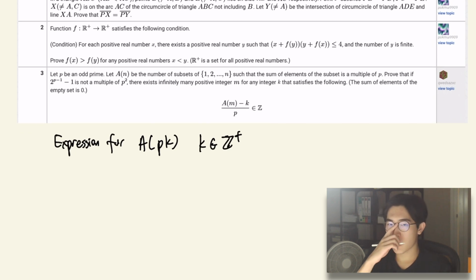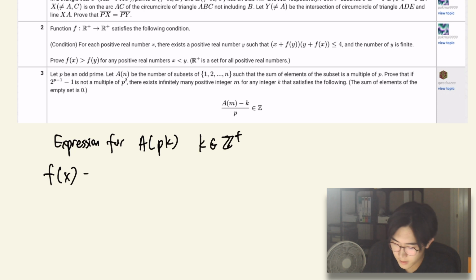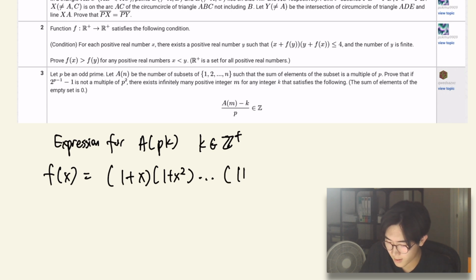Firstly, consider this polynomial. Let's call it f(x). And the polynomial is (1 plus x) times (1 plus x squared) until (1 plus x to the power of pk).